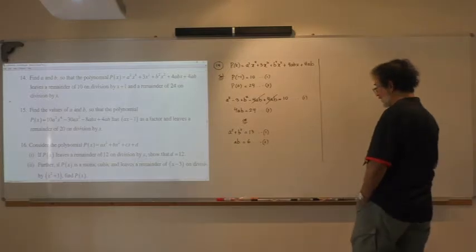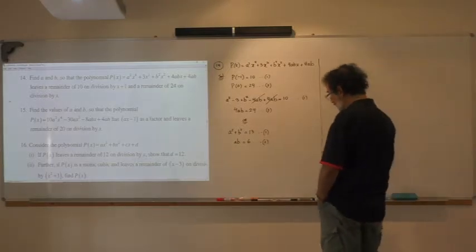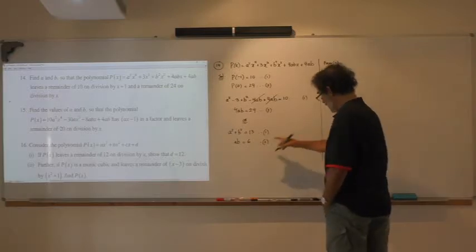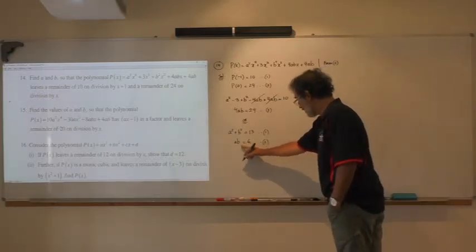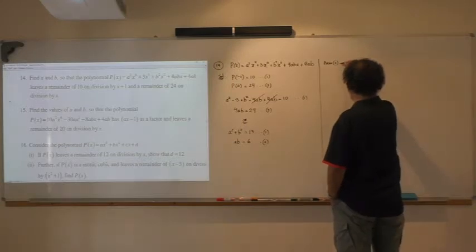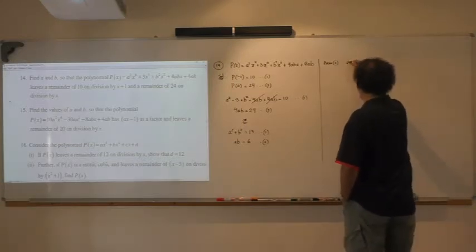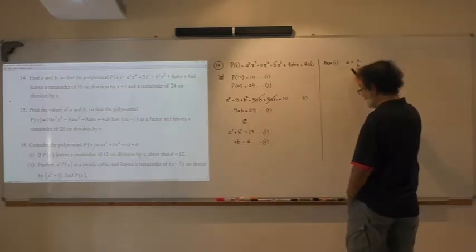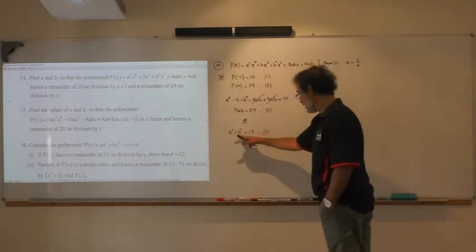So from 2, we're going to make a the subject. From 2, we have that a is equal to 6 over b. And then we're going to substitute that in the first equation.